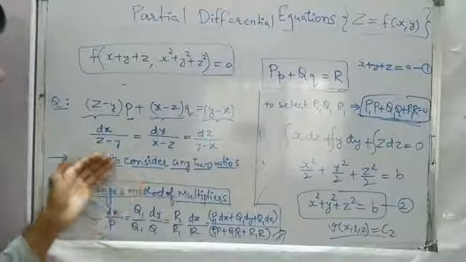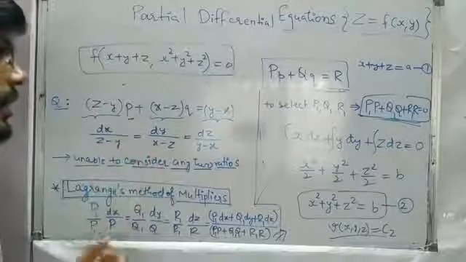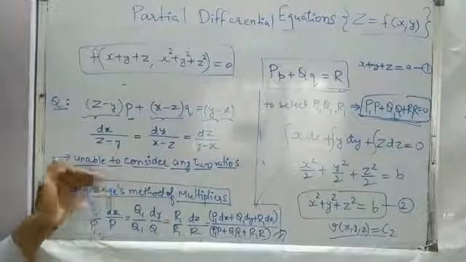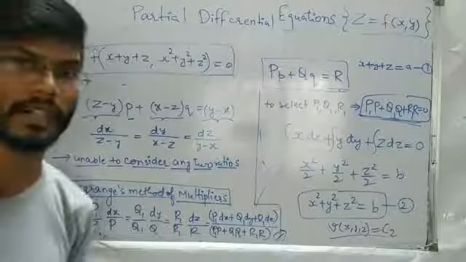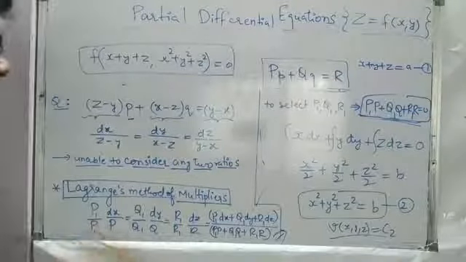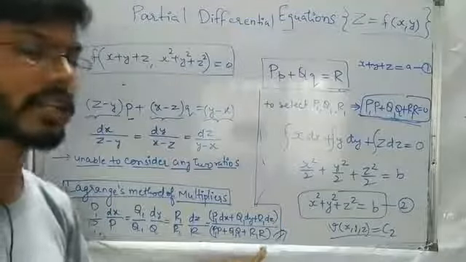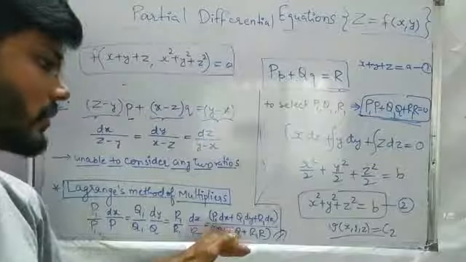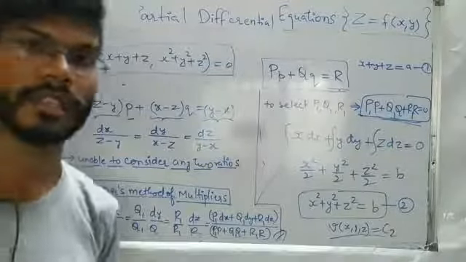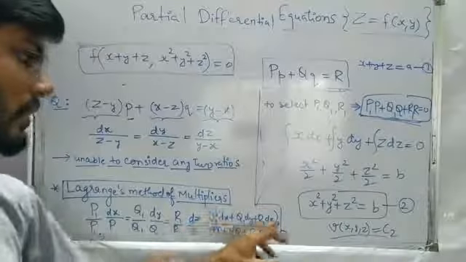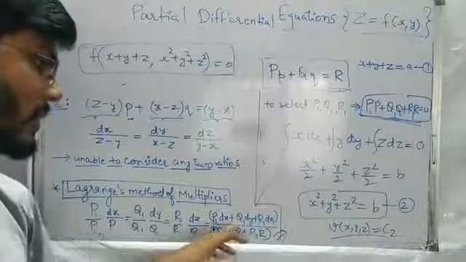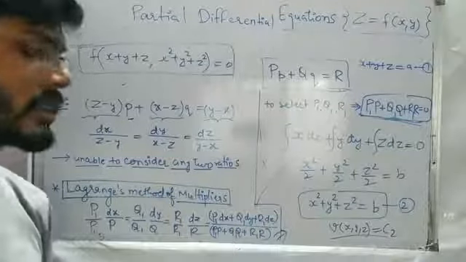And if we are not able to consider the equations in the standard form itself, we'll have to make use of Lagrange's method of multipliers. And to select those multipliers, we have to make sure that p1p plus q1q plus r1r has to be 0. And if those multipliers p1, q1 and r1 satisfy that condition, we'll have to make use of the numerator, that is p1 dx plus q1 dy plus r1 dz is equal to 0.